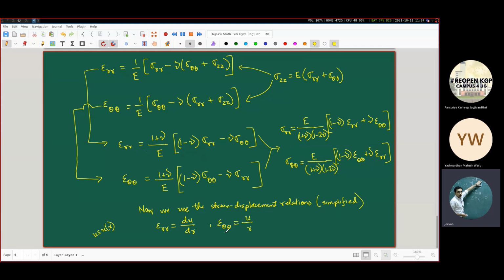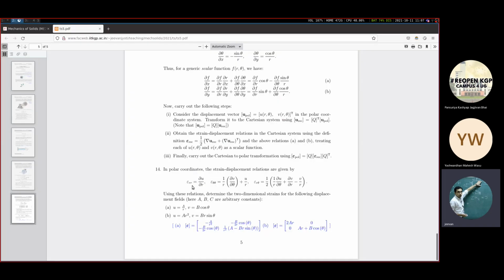And if I change my screen back to the tutorial sheet number 5, you can actually see this from here. Epsilon rr was just this partial derivative of u with respect to r that has changed into an ordinary derivative. And epsilon theta theta had this 1 by r del v del theta term.